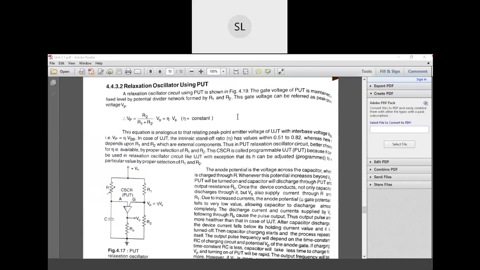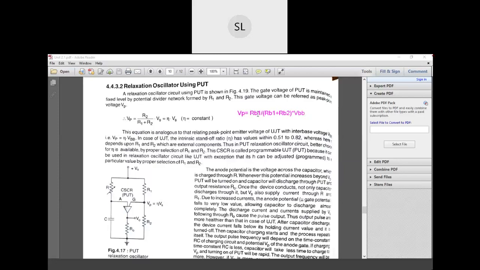Vp was given as RB1 divided by RB1 plus RB2, into VBB. That is nothing but the voltage required to turn on the UJT.